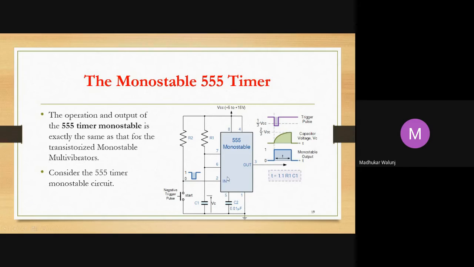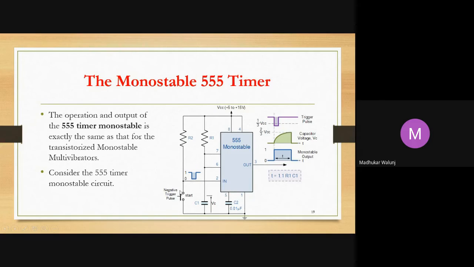So why is it called a negative trigger pulse? Because you can see here that pins number 8 and 4 are directly connected to VCC, which may vary from +5 to 15 volts. This VCC is given to R2 and finally to pin 2, which means pin 2 always gets a high state. What will happen when we press the switch? Pin 2 is connected to the ground and we get a low state.